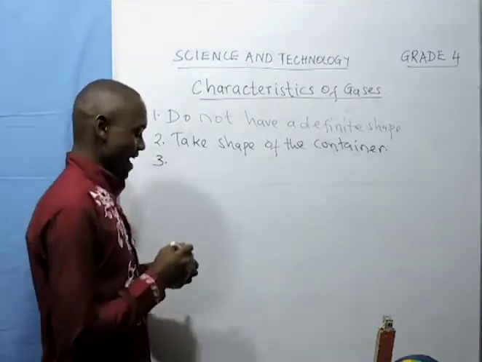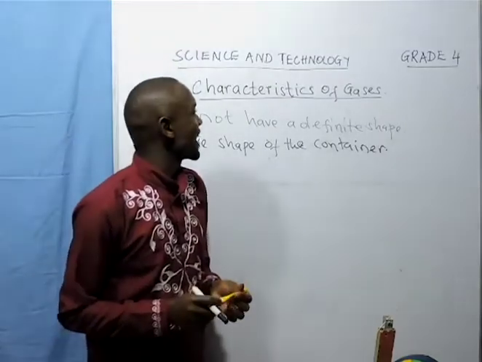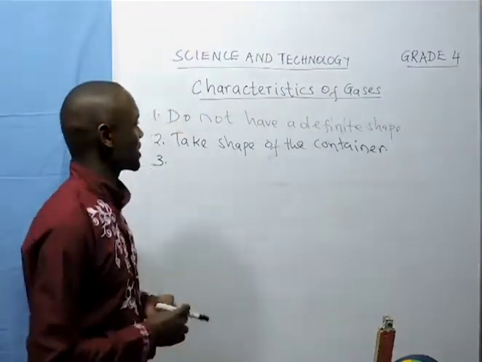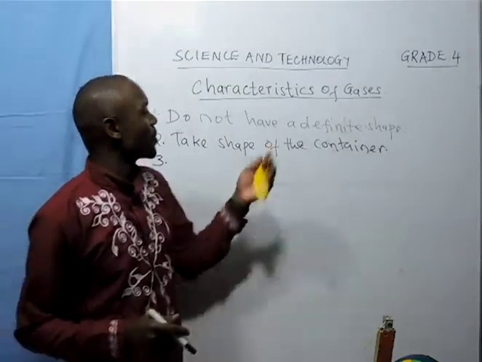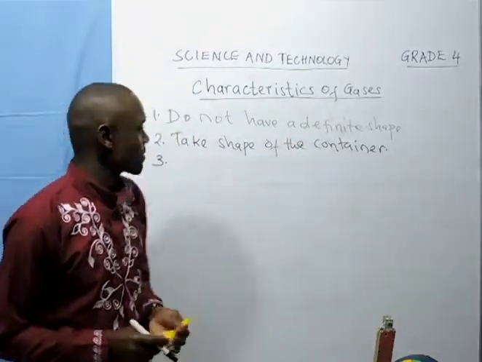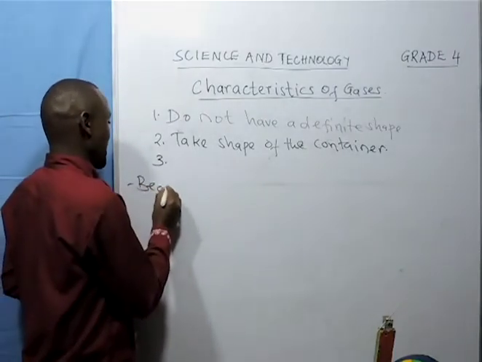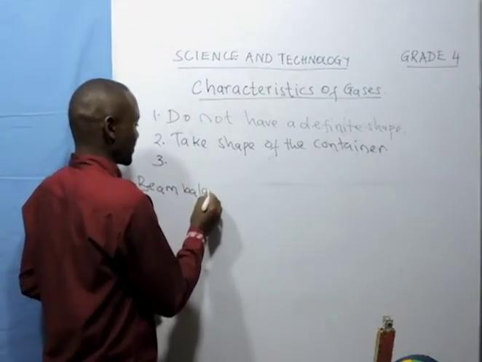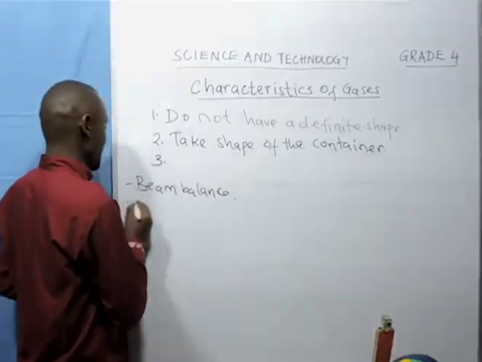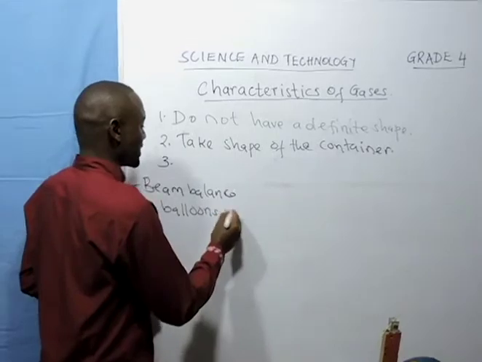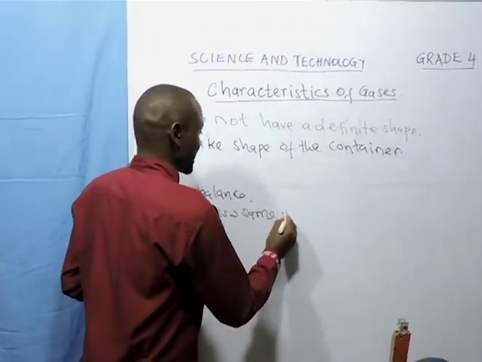Let us do another experiment to investigate whether gases have weight. Do gases have weight? To come up with a conclusion on that experiment, we need a beam balance and two balloons of the same size.